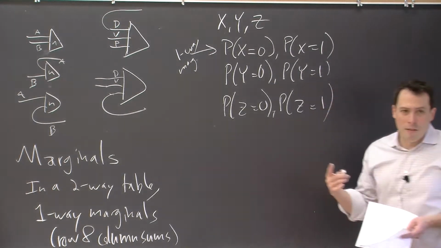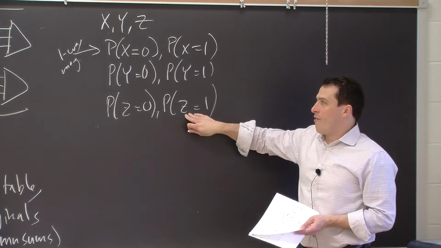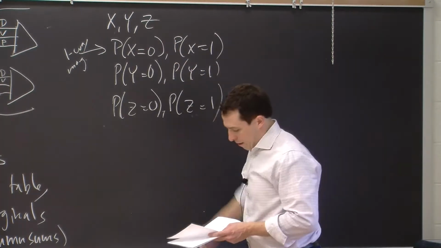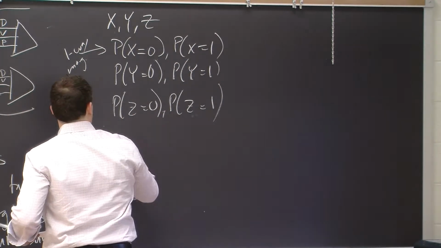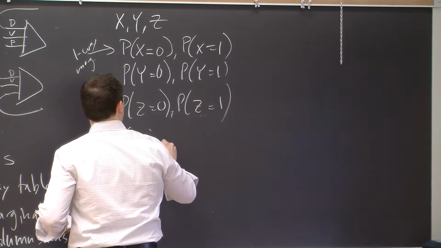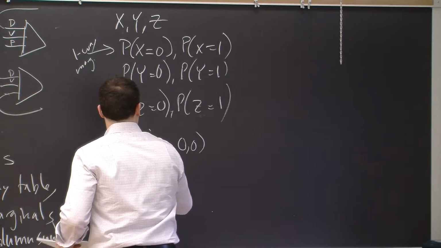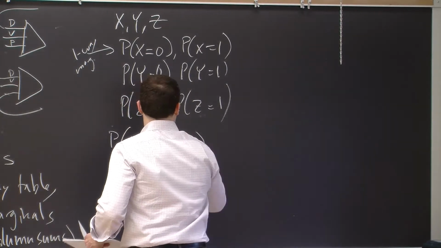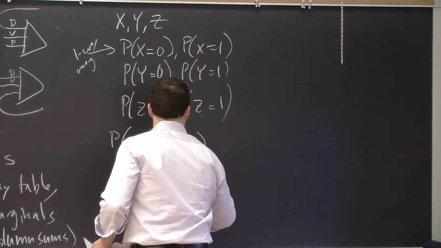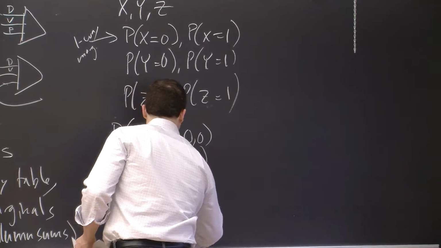But now we also have bigger marginals, which is that instead of summing over all but one variable, we can sum over just one of the variables, right? So we can get a table like probability that xy is equal to 0,0, probability that xy is equal to 0,1, probability that xy is equal to 1,0, and probability that xy is equal to 1,1.